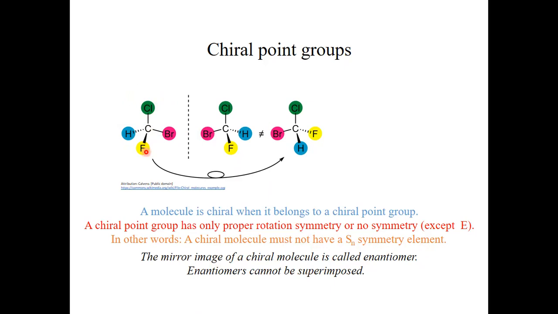So this molecule does not have any symmetry elements besides the identity, not even a proper rotational axis. Therefore, it means that it's chiral. In this case, it would belong to the point group C1.